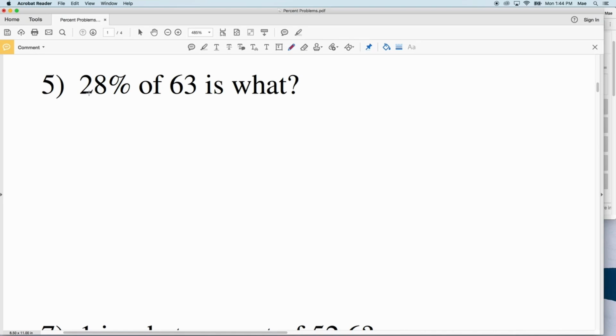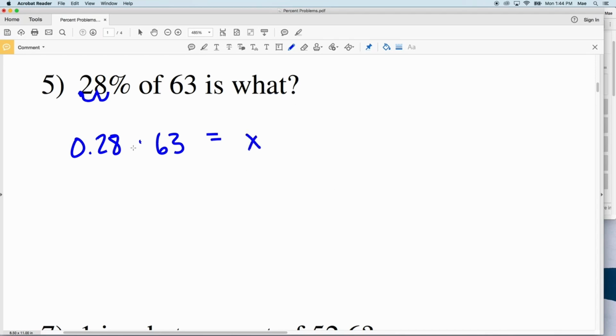Moving on to number 5, let's think of this as something other than a proportion. We're trying to find what 28% of this 63 is equal to. A way to do that is to multiply the percentage converted into a decimal, so 0.28 times that 63. And that's going to give us the number that we're looking for.